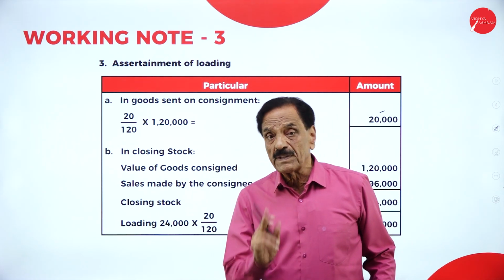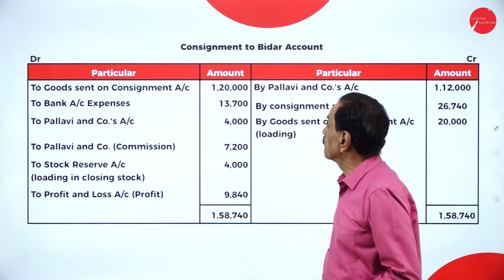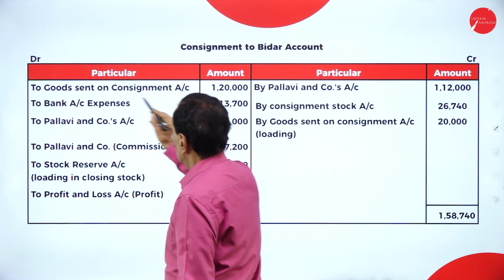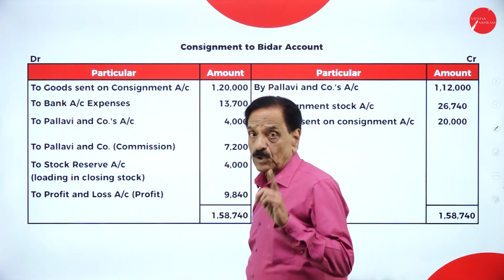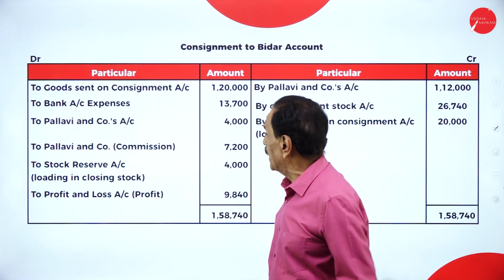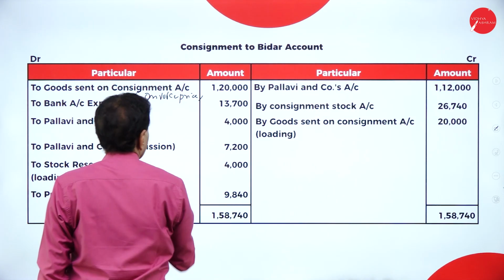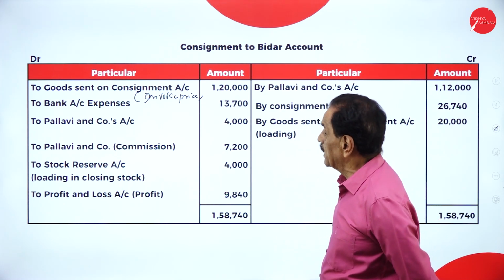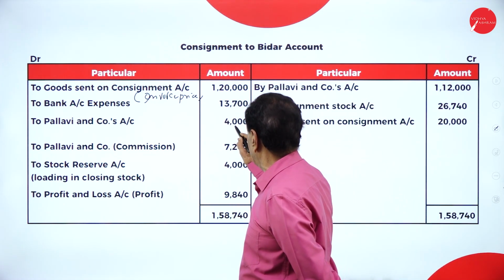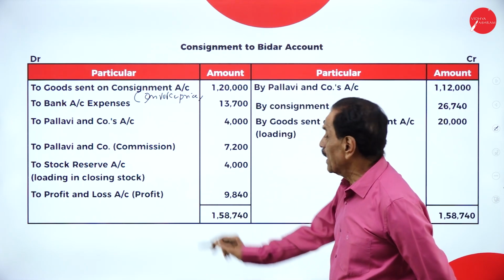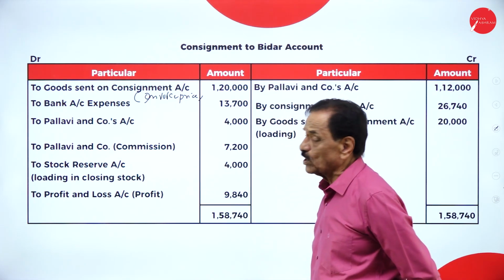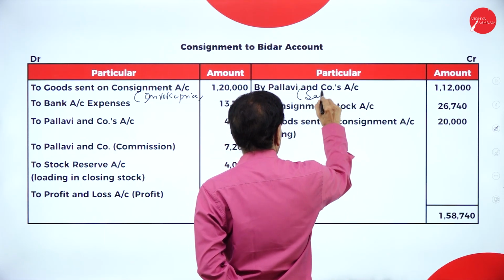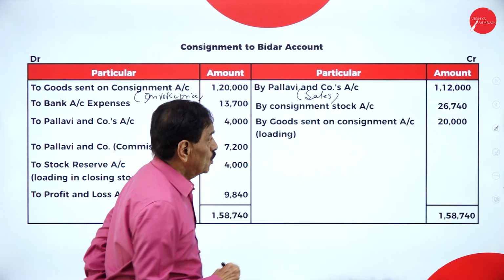This we have to do when the invoice price is given. Then the formula: consignment account debit. Goods sent on consignment 1,20,000, which is the invoice price. Then expenses met by the consignor is 13,700. To Pallavi and Company expenses 4,000. To Pallavi and Company commission 7,200. Credit: sales made by Pallavi and Company 1,12,000.